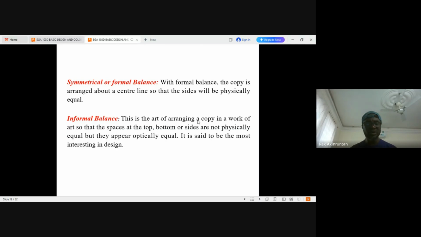Then moving forward, the copy that is repeated in the informal balance is not physically seen as the same, but it is optically seen as the same. When you say optically, it is your eye that will judge the balance. But in the other balance, we are looking at the form, the representation of the shape, and sometimes the elements established in that place.